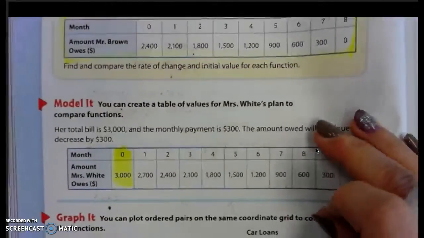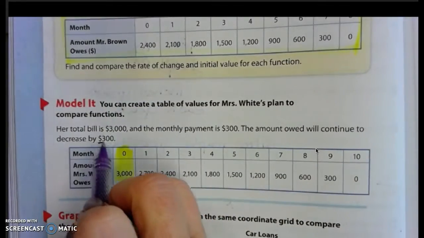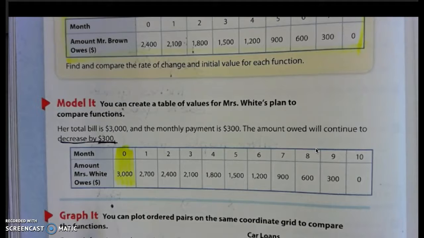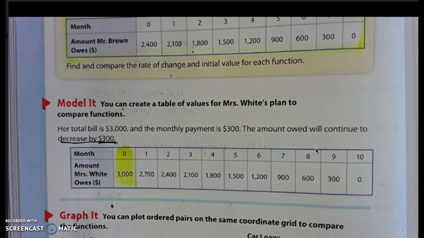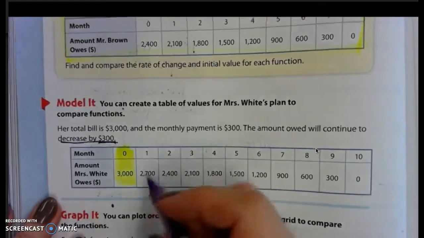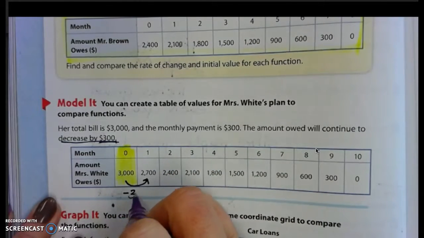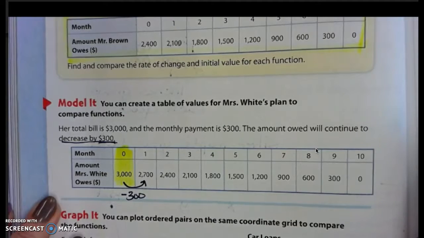Now they've already made the table. Her payment is going to decrease each month, or not, the payment's not decreasing. The amount she owes is going to decrease by $300 each month. That's how much her payment is. Okay, she's paying $300 a month. So we take our initial value, and this time we are going to decrease by $300. Okay, this is a decreasing function. We are going to decrease by 300.